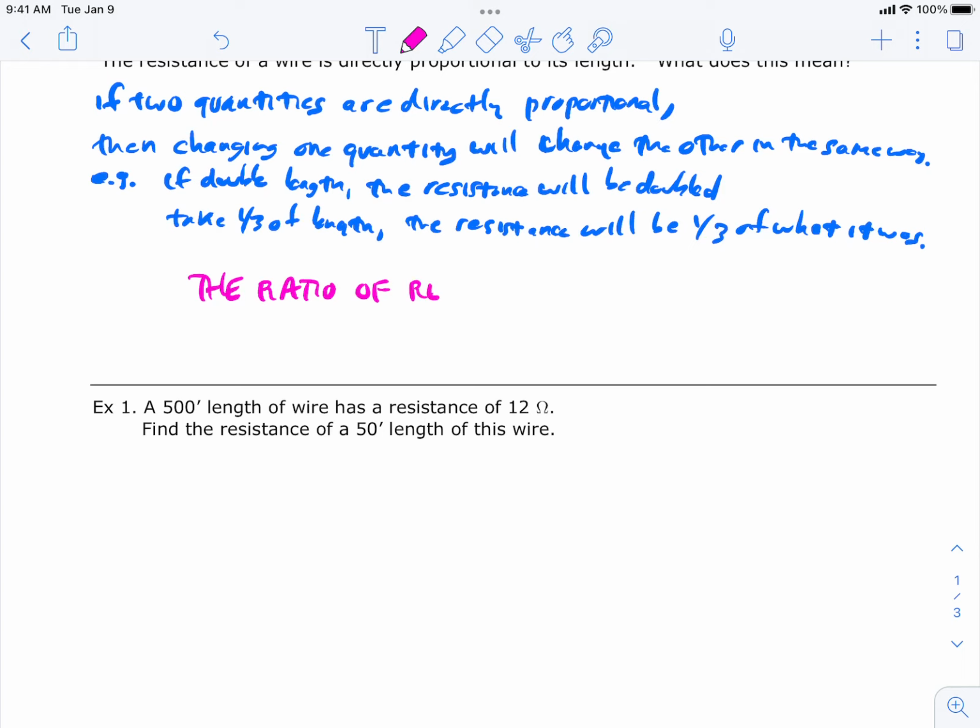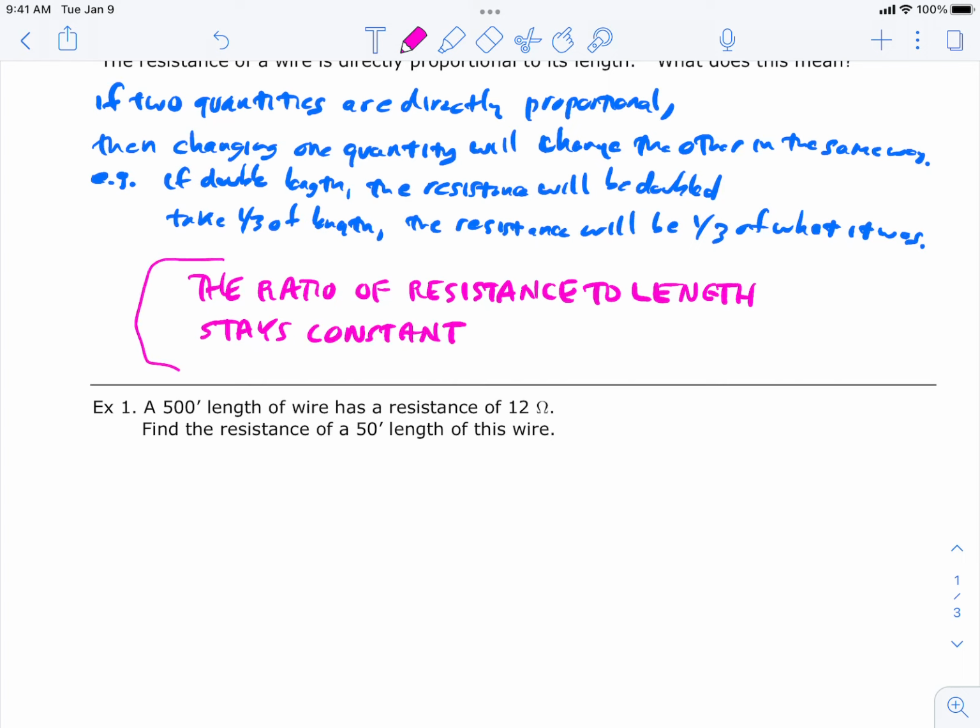Remember they said resistance is directly proportional to length. The ratio of resistance to length stays the same, or stays constant, or remains constant. There are all kinds of ways you could say it. Put it in your own words is always the best way to do it. But the ratio of resistance to length will stay constant.